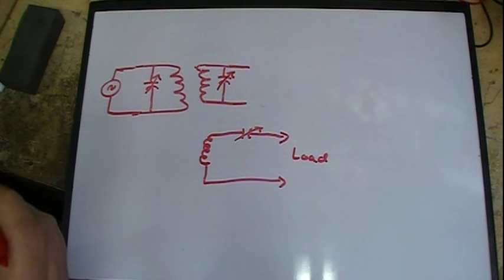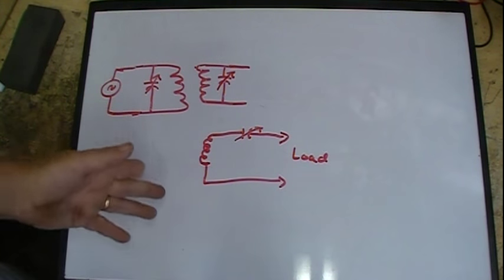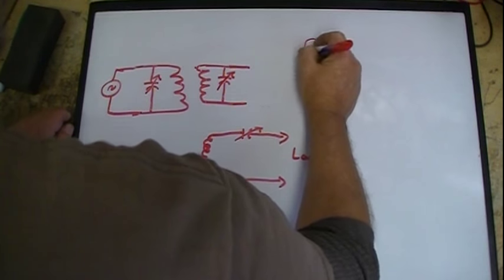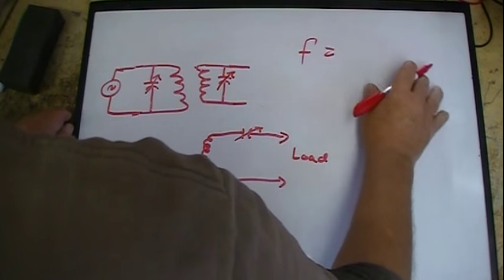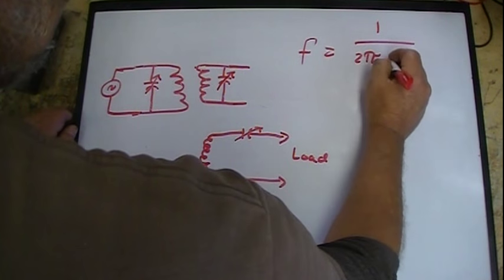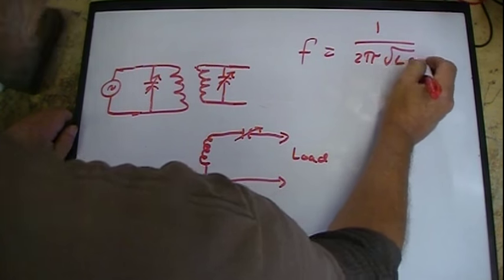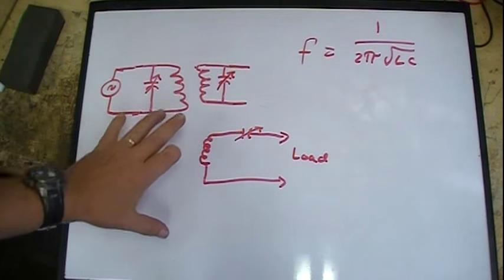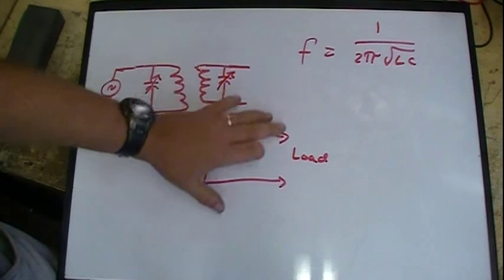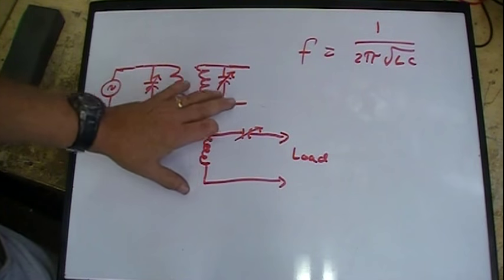As far as figuring out what the resonant frequency is, it's the same formula. They both use F equals 1 over 2 pi square root of LC. They both use the same formula. The only difference will be the actual impedance will be different.